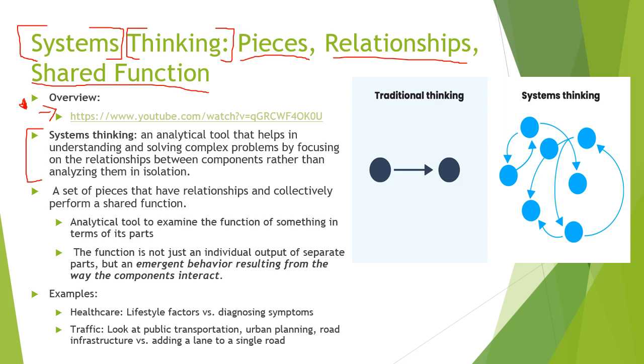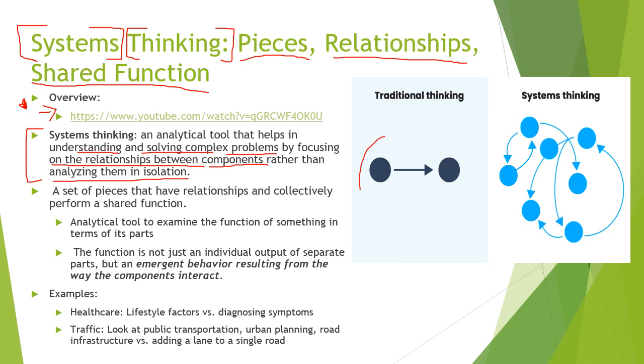It's an analytical tool, a way of processing, basically looking at some kind of phenomenon that helps in understanding and solving complex problems. So a phenomenon, a problem, whatever you want to apply, looking at something as a system too. So you focus more on the relationships between various components rather than just analyzing stuff in isolation.